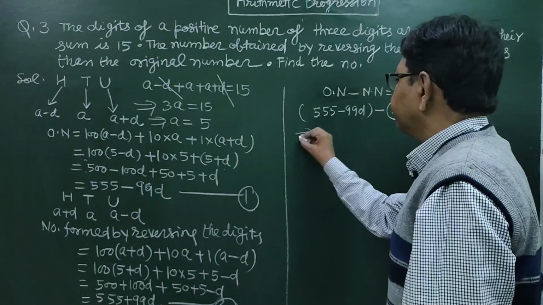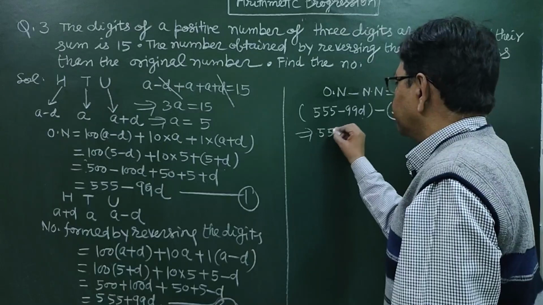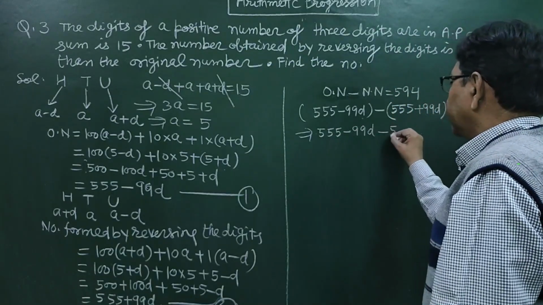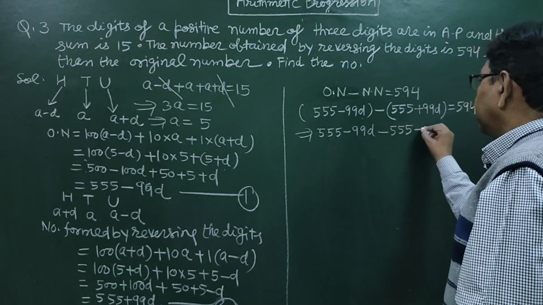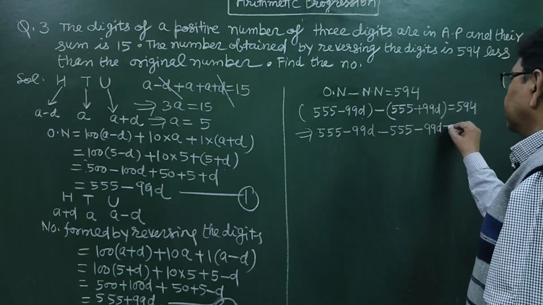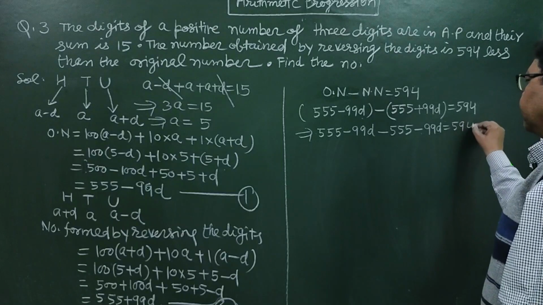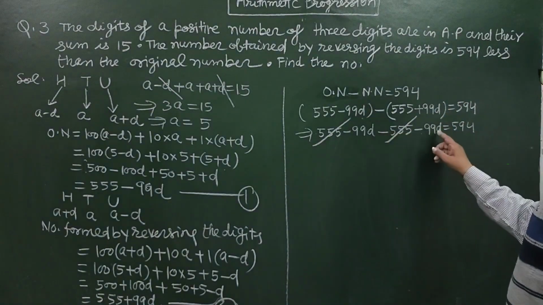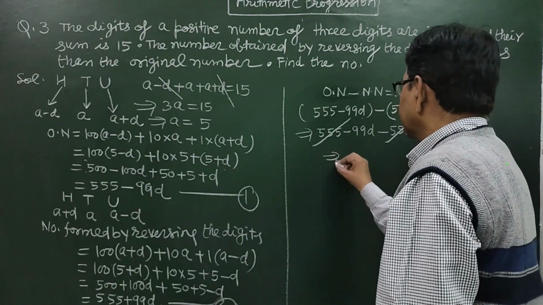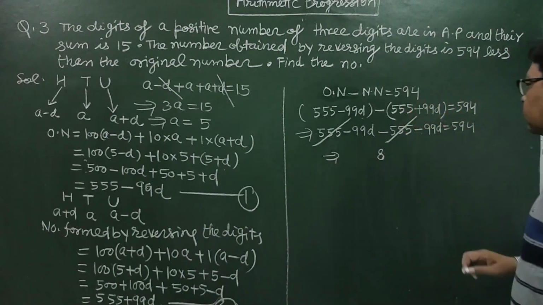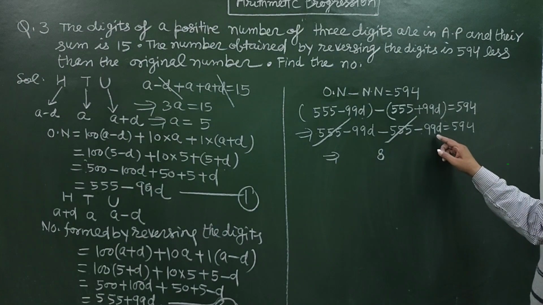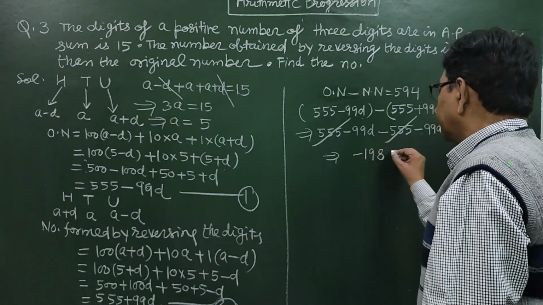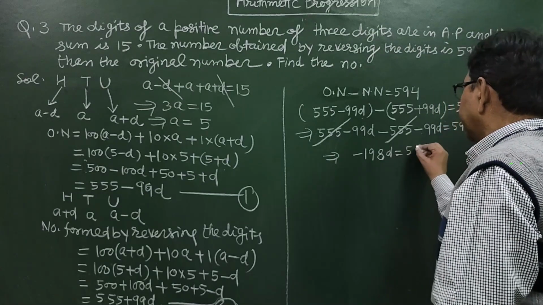Now if we solve it further, 555 minus 99d minus 555 minus 99d is equal to 594. 555 cancelled here. This is equal to minus 198d is equal to 594.